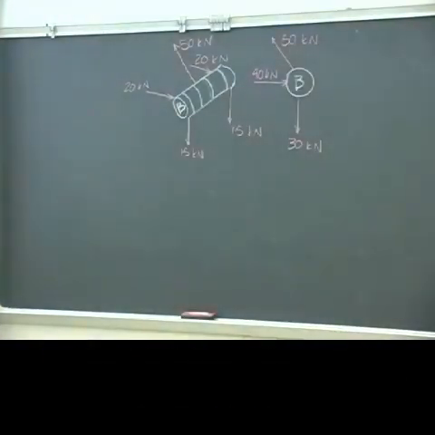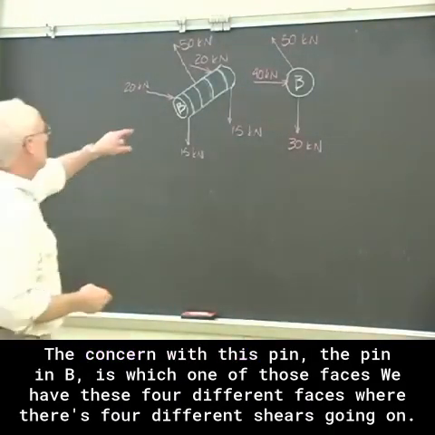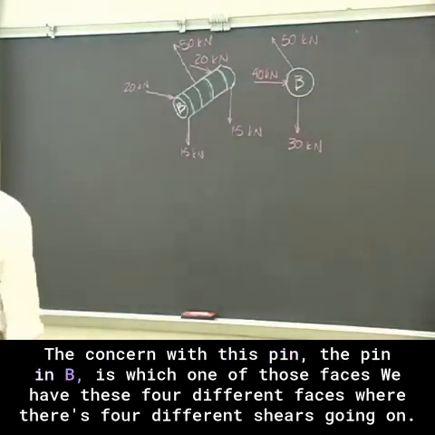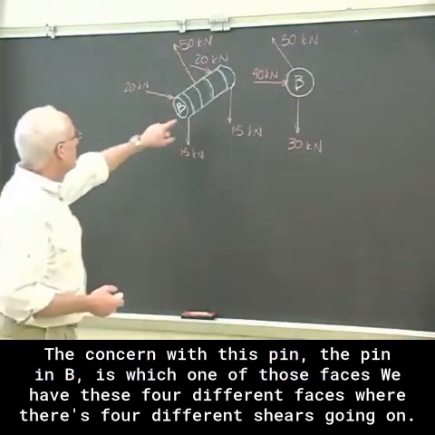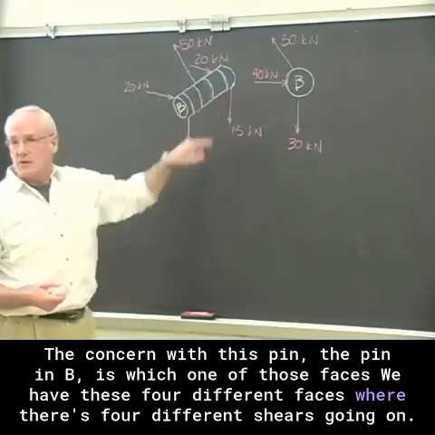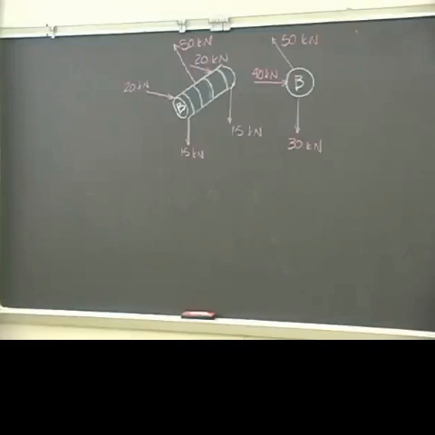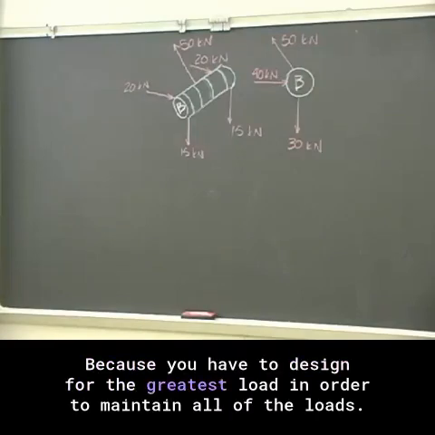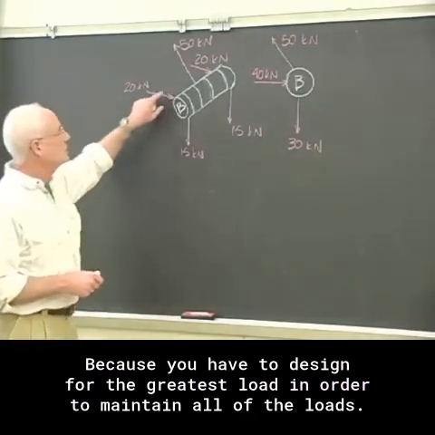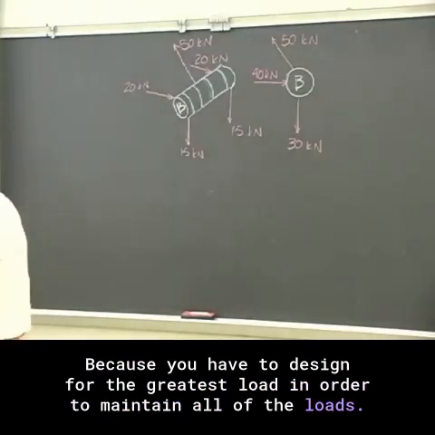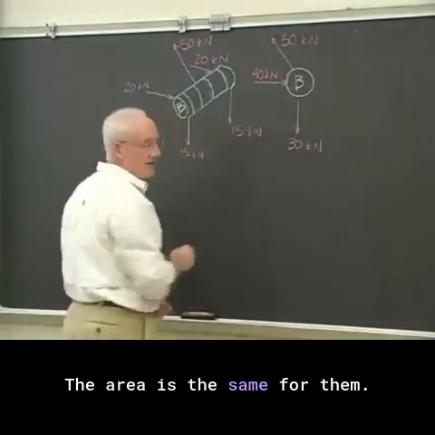The concern with the pin in B is, we have these 4 different faces where there's 4 different shears going on, which one of those faces is subject to the greatest shear stress? Because you have to design for the greatest load in order to maintain all of the loads. The area is the same for them.